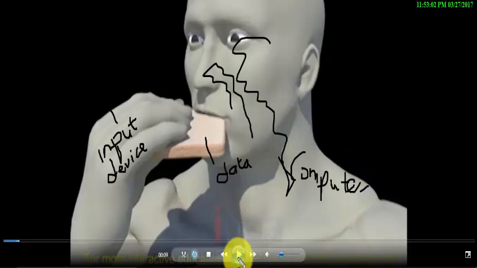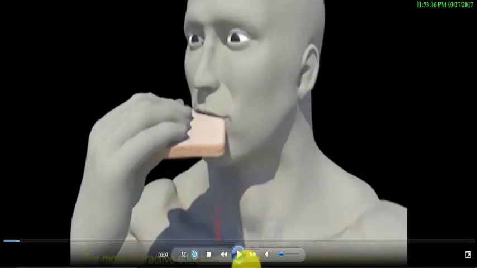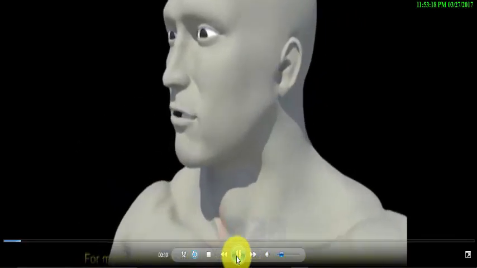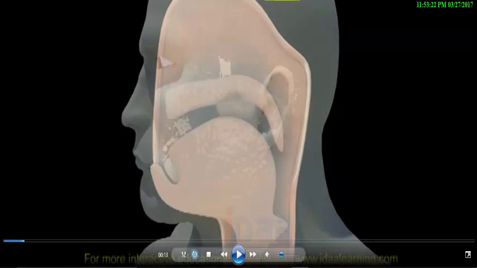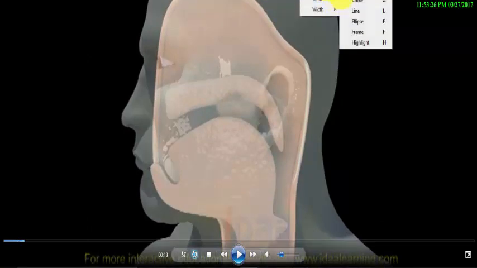So now we use the input device to enter data into the computer. So this is data, this is an input device. So now let's see what is going on. Data has been entered, and then we are able to understand.